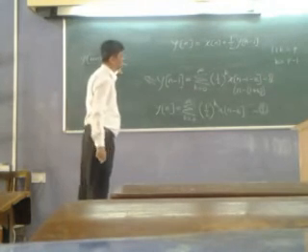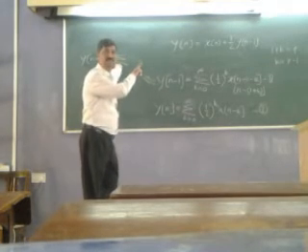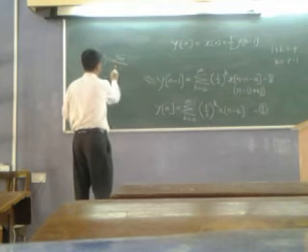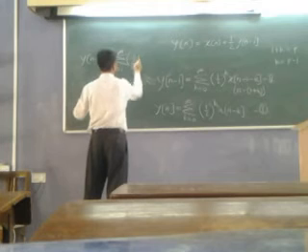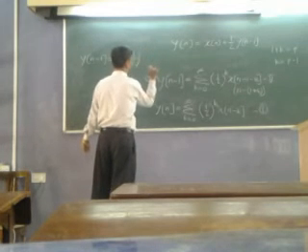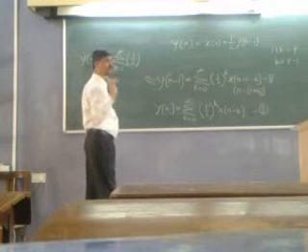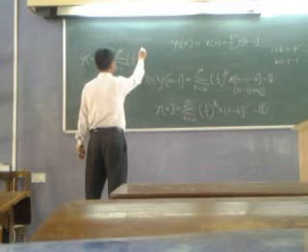When k is varying from 0 to infinity, 1 plus k will vary from 1 to infinity. So for p equal to 1 to infinity, half raised to p minus 1, since k is p minus 1.